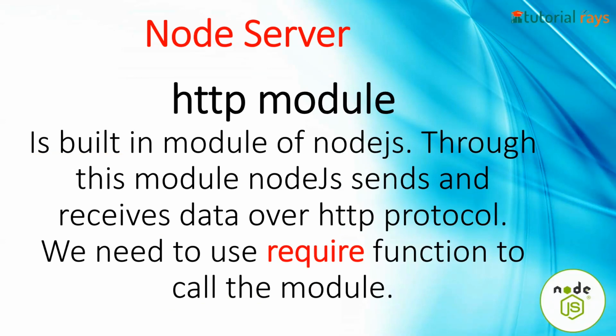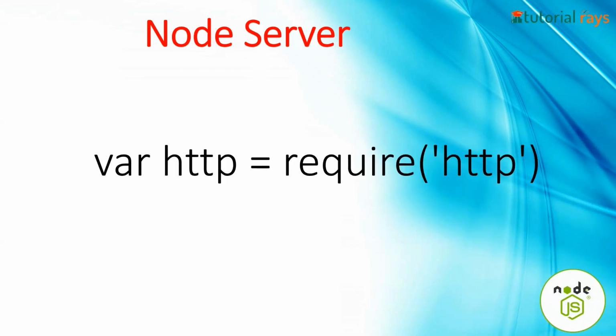Okay, now let's move further. Like this, we will have to call it. If you come from PHP, then you know we normally use include, right? And in other programming languages there is a different technique, but here we need to write it like this. We have to declare a variable. You can name it whatever you want. So we are writing it here, then the require method. Inside require we will call this HTTP module.